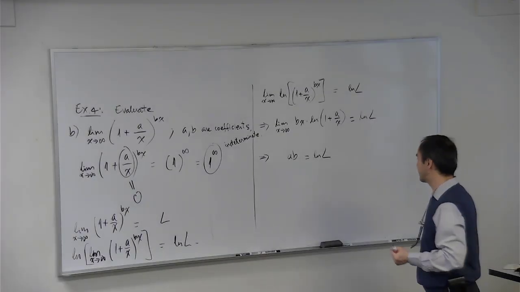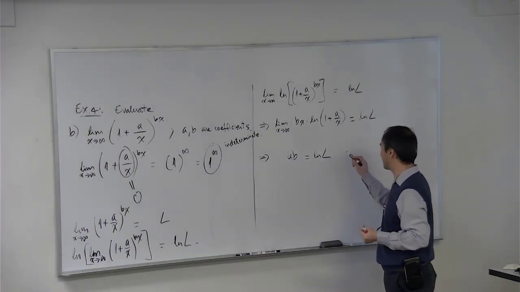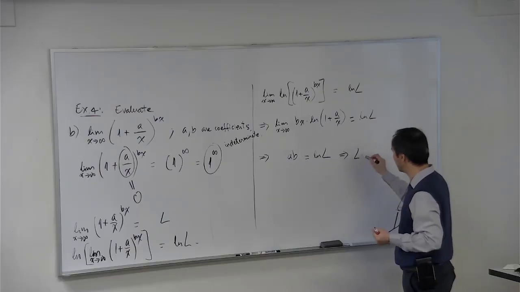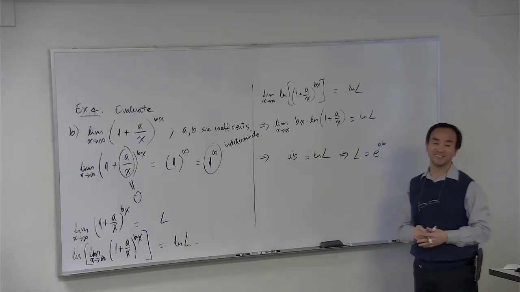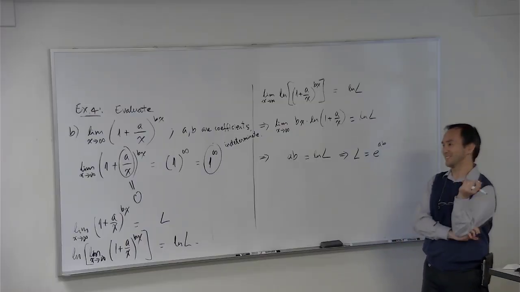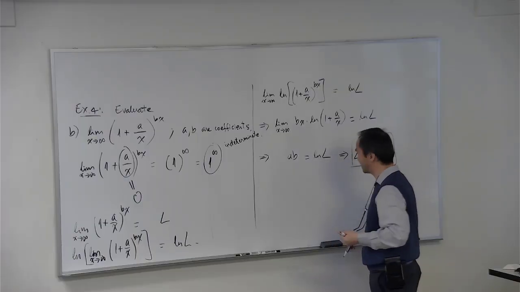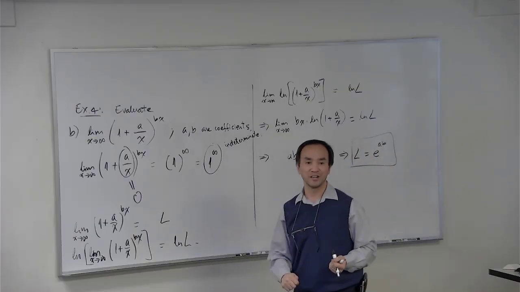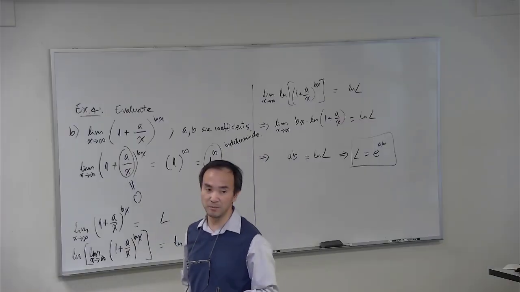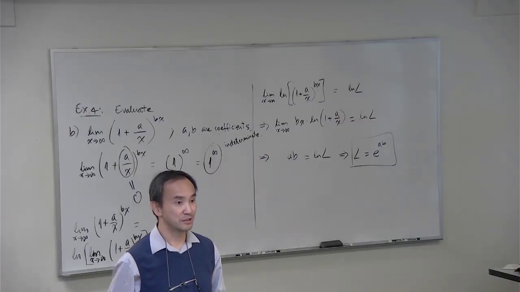And so from here, what can I say about L? That means L is base e raised to the power ab. You guys good? All right. And so, consequently, that's our final limit: e raised to the power ab. Looking a little strange.